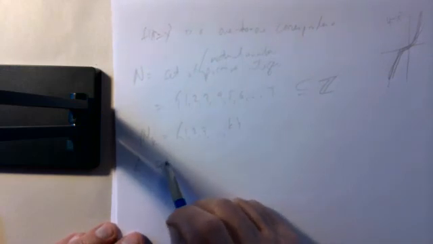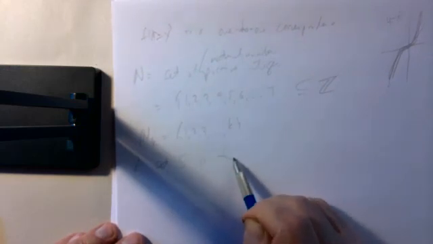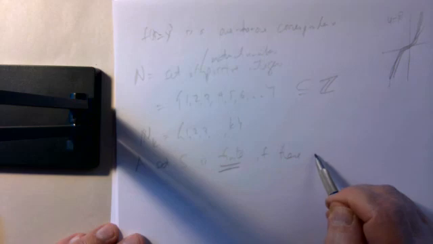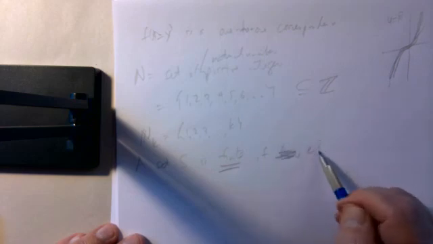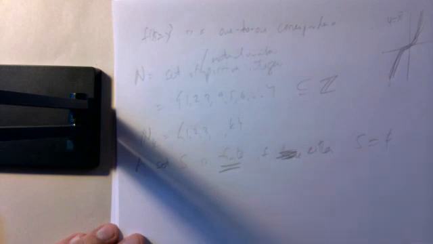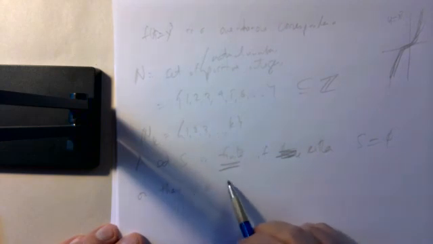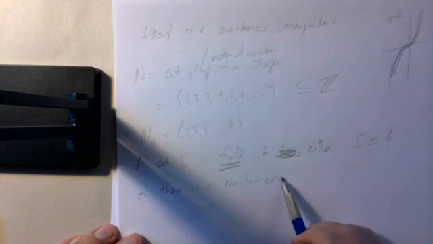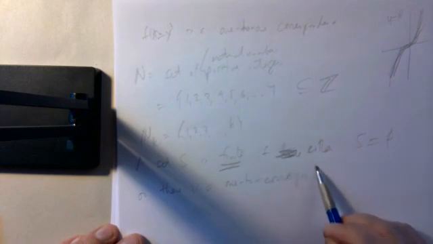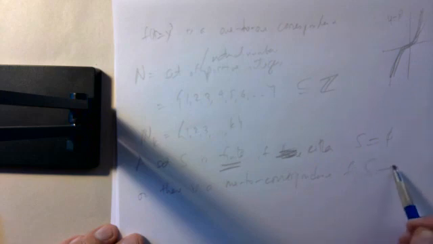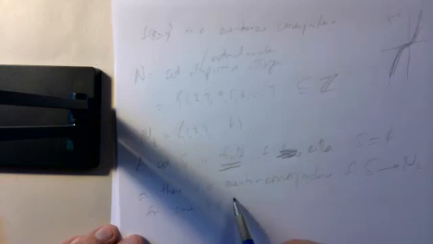So here is a definition. What does it mean for a set S to be finite? Either the set is empty, so the empty set is finite, or there is a one-to-one correspondence f from S to N_k for some positive integer k.